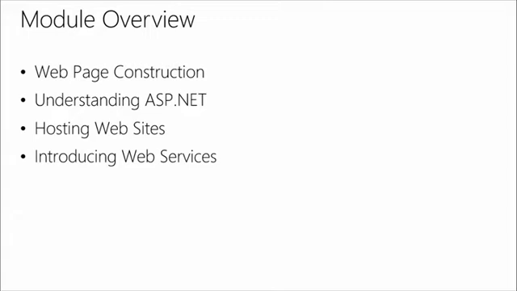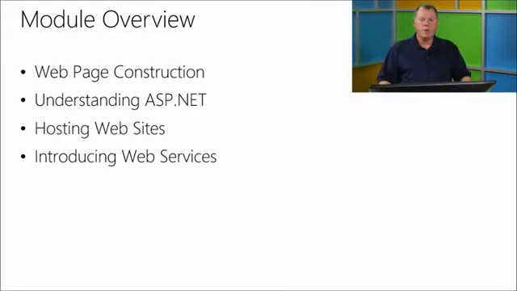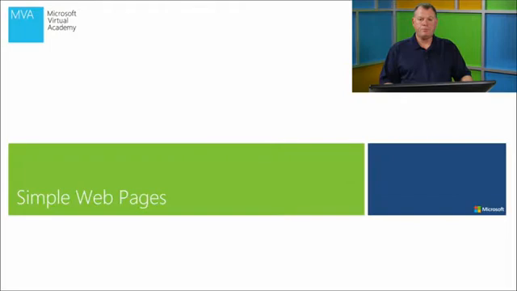We'll talk briefly about how those sites are hosted on the different platforms. In this case, we'll focus on Microsoft's platform, Internet Information Services. We just want to gain an understanding of how the hosting of this information takes place on a web server itself. And then finally, we'll take a quick look at what a web service is, an introduction to what they are and how they provide functionality within the programming world.